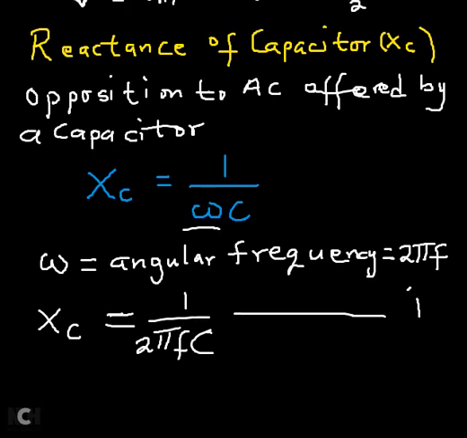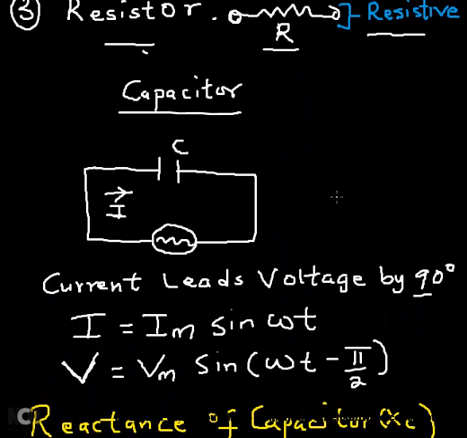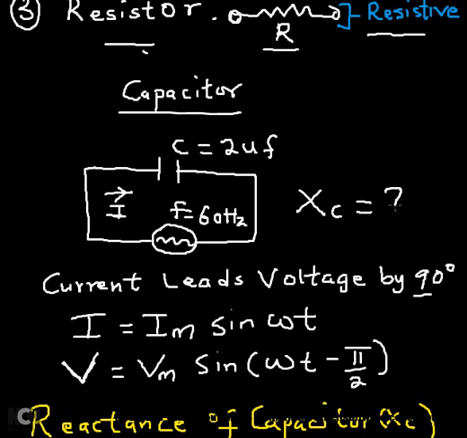So let's look at a typical example. Let's look at a situation where you have an alternating current circuit made up of a capacitor, and the capacitance is 2 microfarad, and the AC has a frequency of 60 hertz. The question is, evaluate the reactance of the capacitor XC.